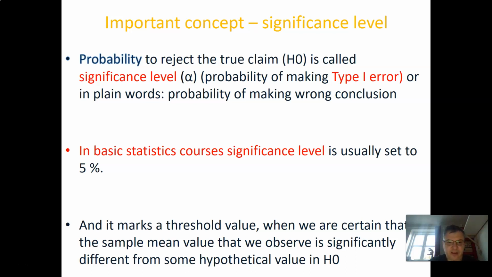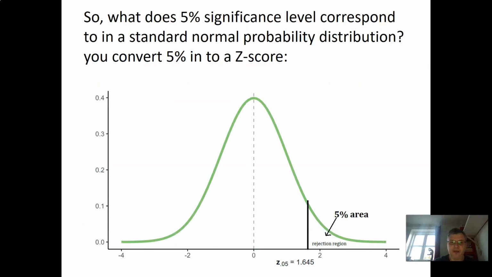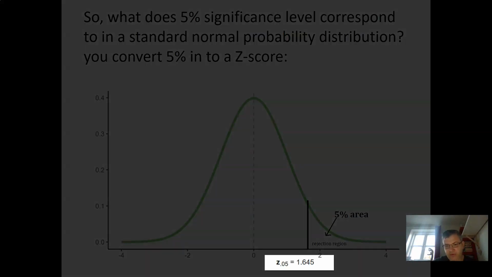And 5% marks a threshold value when we are certain that the sample mean value that we observe is significantly different from some hypothetical value in the null hypothesis. The critical z-value that corresponds to the 5% significance level is equal to 1.645.